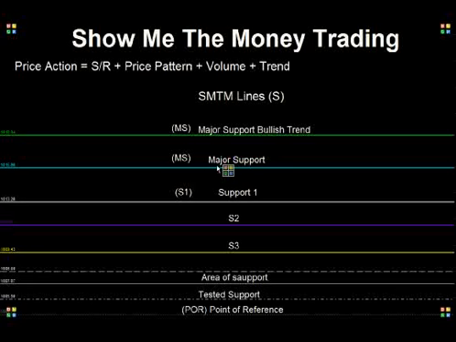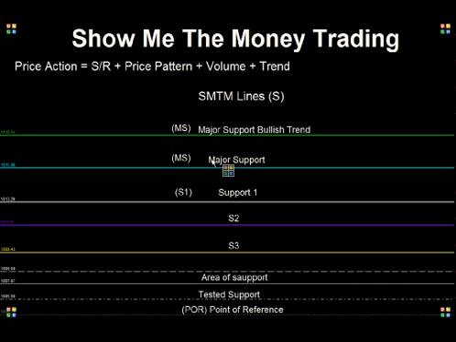This tells me that price is currently making higher highs. And at any of these events, I want certain price patterns to happen, or to see certain volume action also at these events.